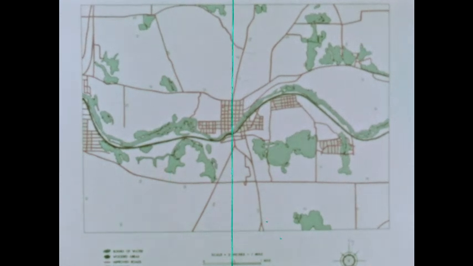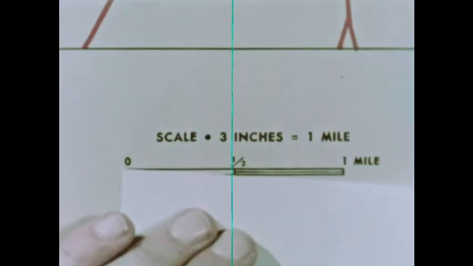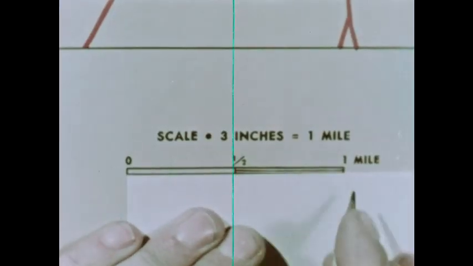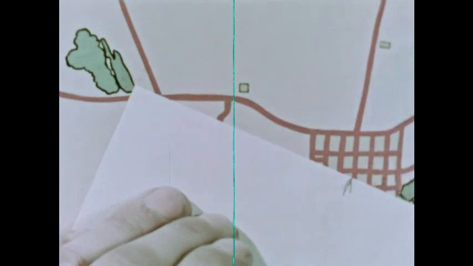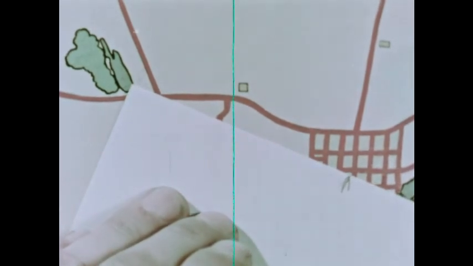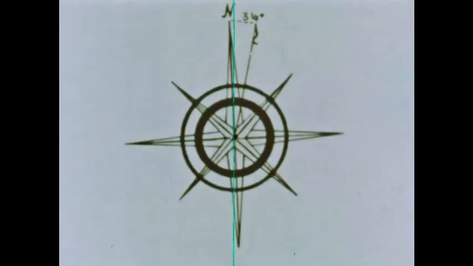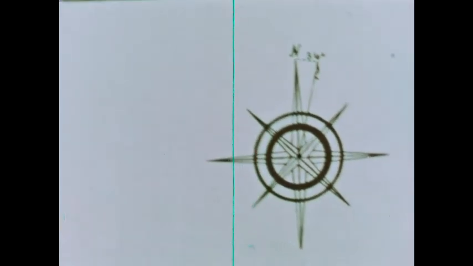Now, to use this map, we have to read all the signs shown on it. First, the scale. The scale tells us 3 inches on the map stand for a mile in the valley. So this lake must be about a mile from town. Next, there's the direction sign.